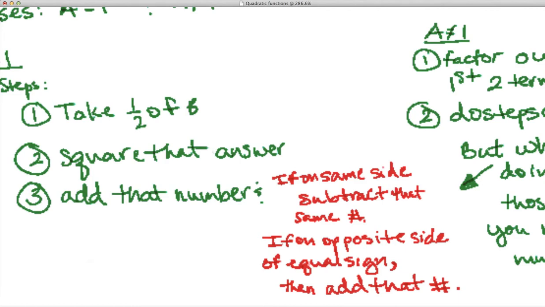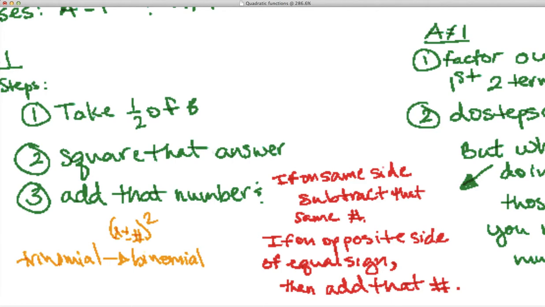And what you're going to do is you're going to create something in which you can go from a trinomial to a binomial pretty easily. That's the whole concept of completing the square. And it's going to end up looking like something (x plus or minus a number) squared.